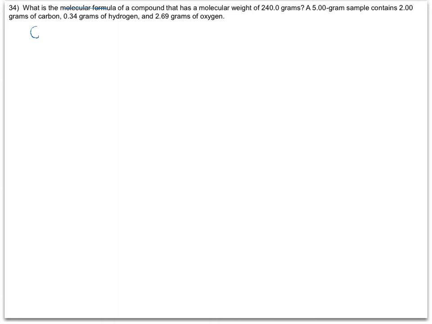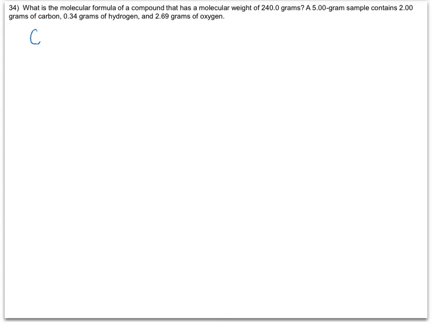For carbon, we have 2.0 grams, and for hydrogen we have, I'm gonna actually move this down a little bit here and rewrite this.